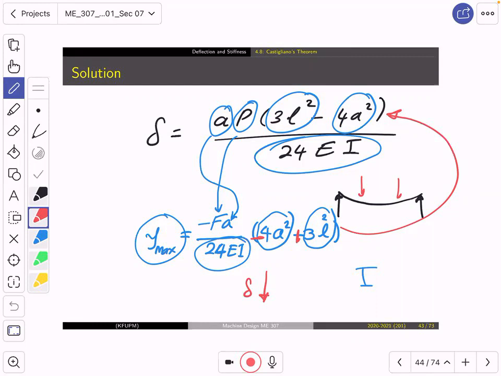You want a more general solution where P is at a distance A, and the other force P is at a different distance, or the two forces are P1 and P2. You need to work out the problem.